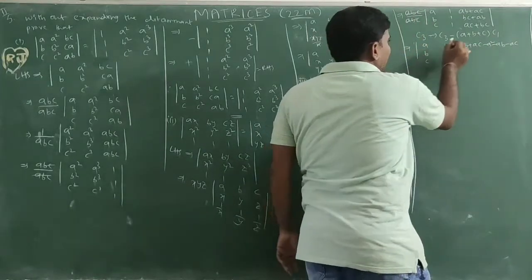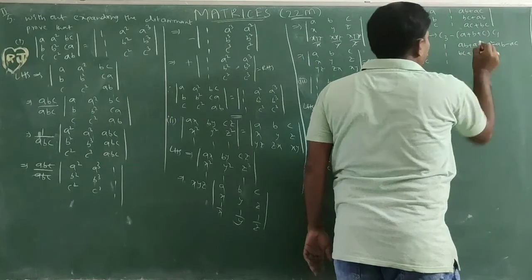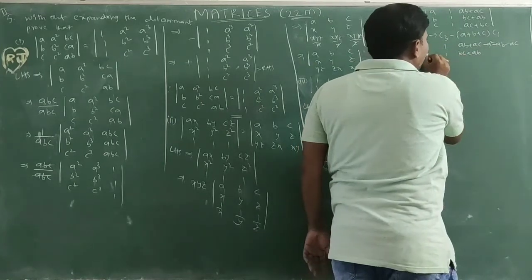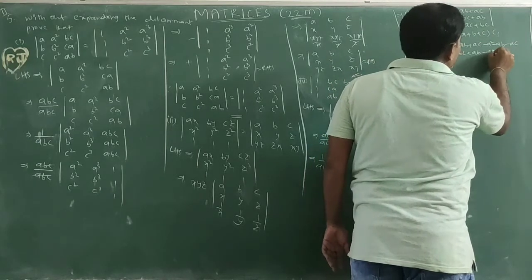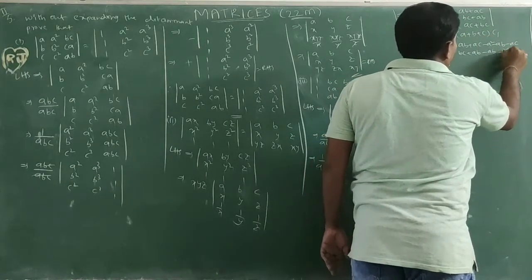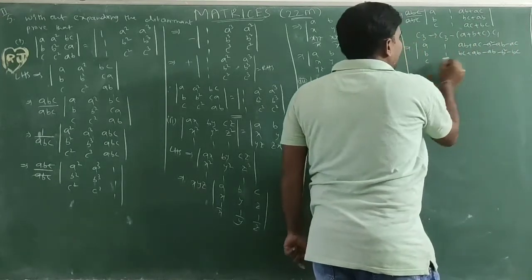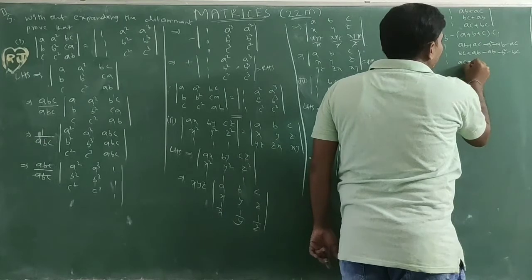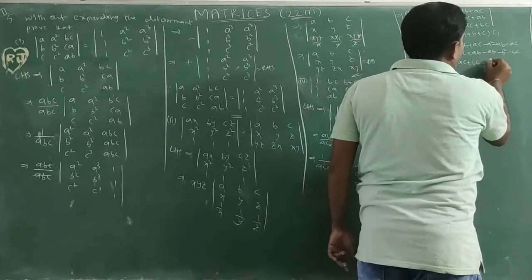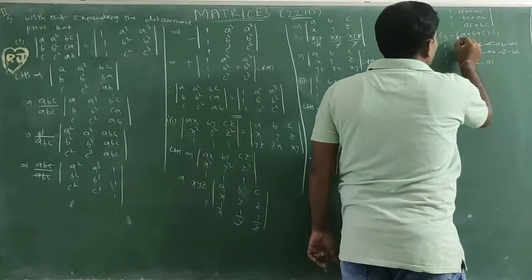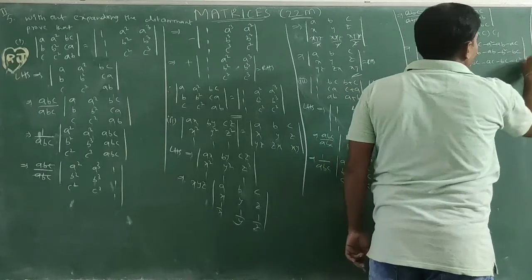Next, the second element bc plus ab: b into a plus b plus c is ab plus b square plus bc, so it gives minus b square. Next, the third element ac plus bc: c into a plus b plus c is ac plus bc plus c square, so it gives minus c square.